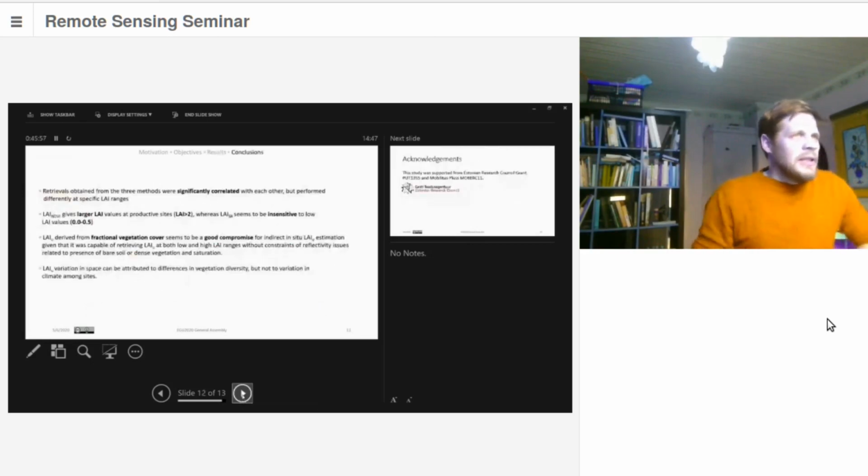Okay, then maybe let me summarize the results from our work. What we found is that all three methods are significantly correlated. But there's one take-home message: leaf area index retrieval based on NDVI is most likely unsuitable when you have very productive sites where your leaf area index is greater than 2.